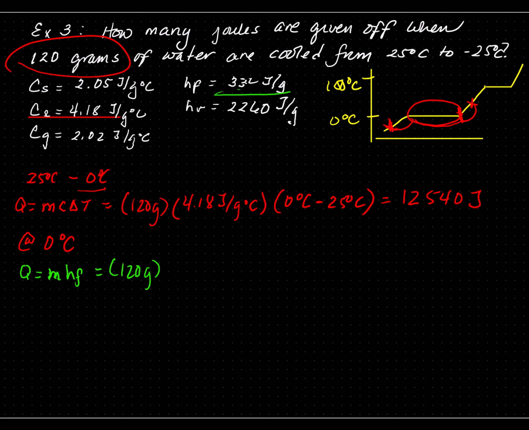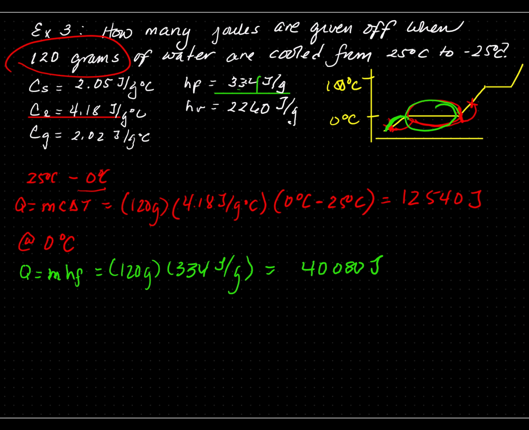Heat of fusion is given as 334 joules per gram. 120 times 334 is approximately 40,080 joules. So now we froze everything, and so now we're getting even more of a solid.